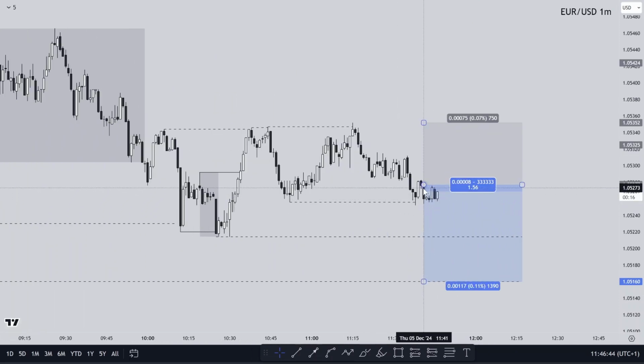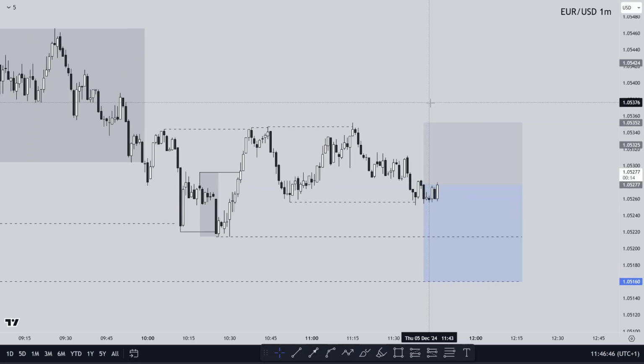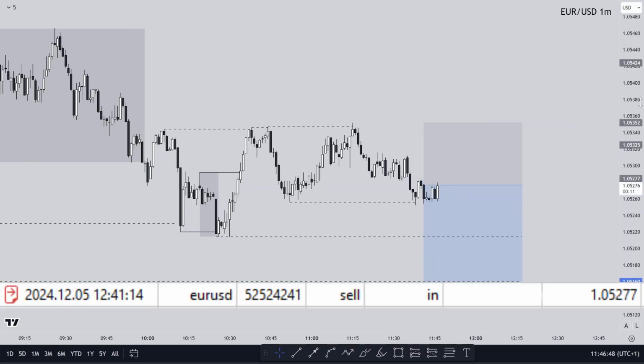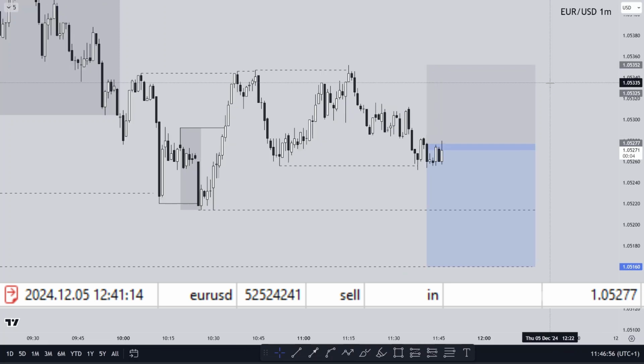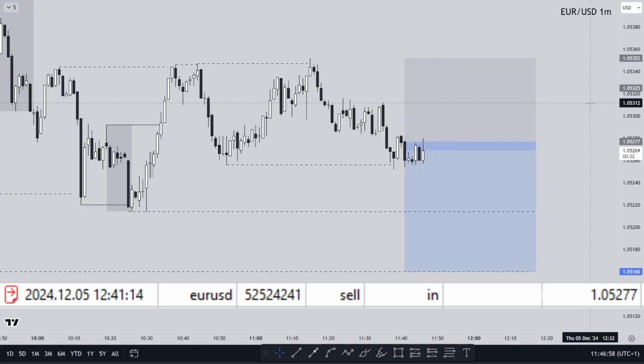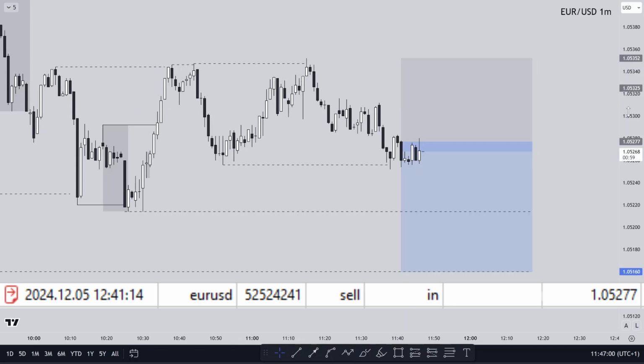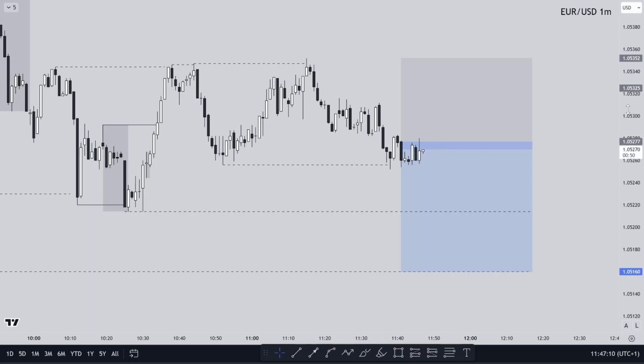So here I enter my trade, and I'll show you also the MetaTrader 5 stats, just to give you a kind of proof of my trading, since I can't show you the MetaTrader live at the moment because I didn't install the software yet on my new PC. So I'll show you just a screenshot, but in the next videos I'll show you the MetaTrader live.